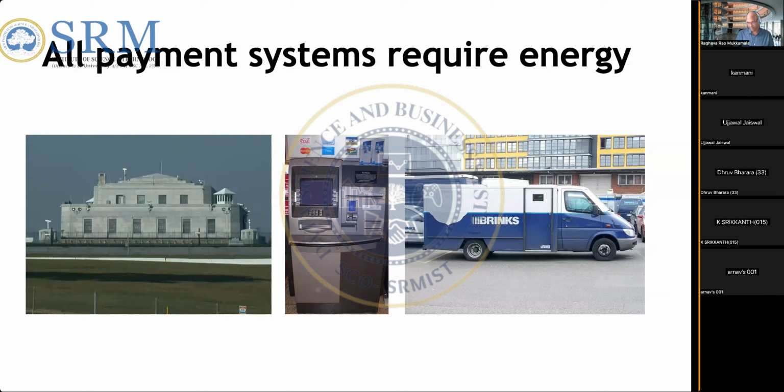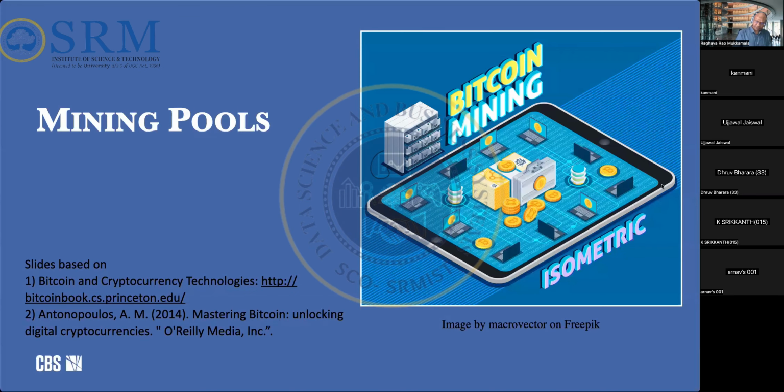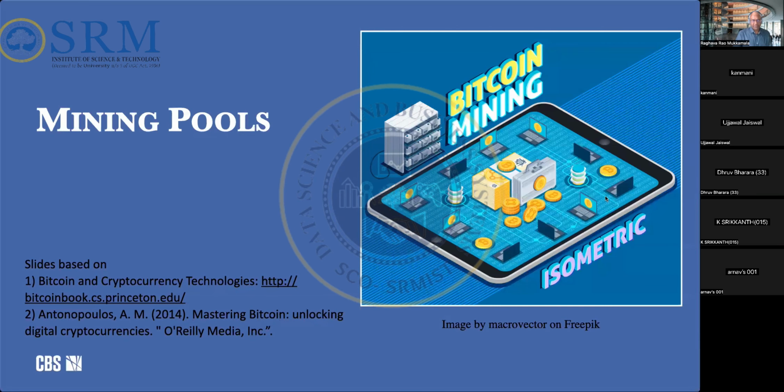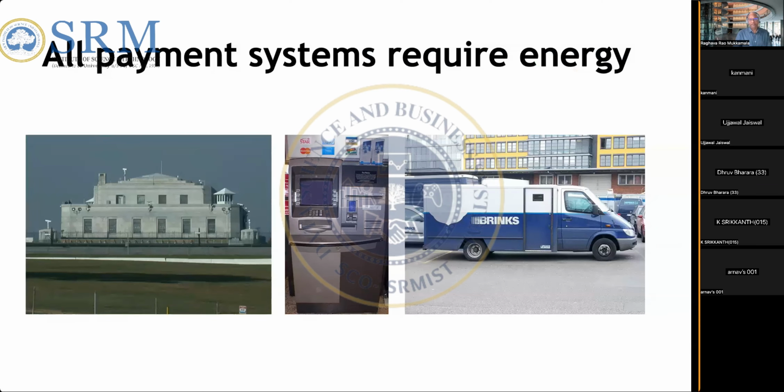Because we are competing with other people, and we want to make the block. In that sense, you are really trying trillions and trillions of times with a hope that you will get a hash value satisfying these requirements.